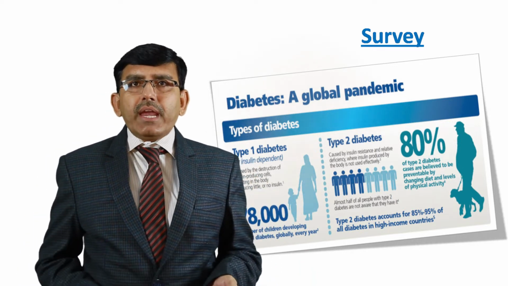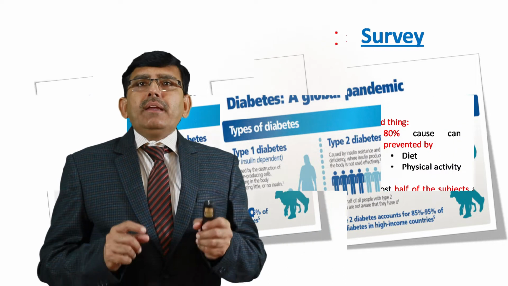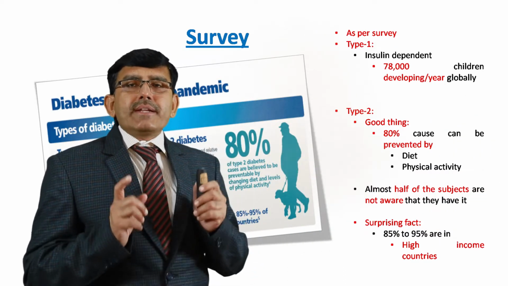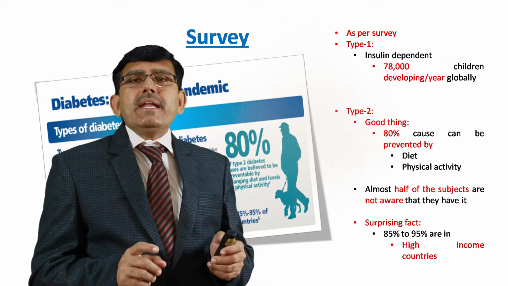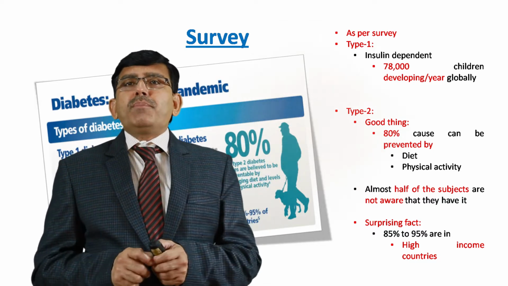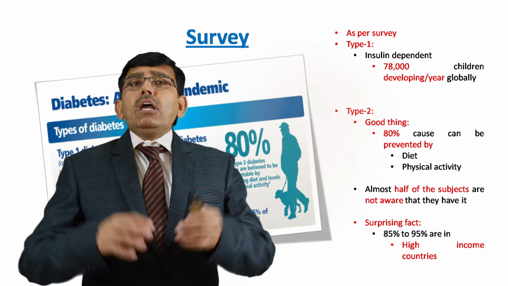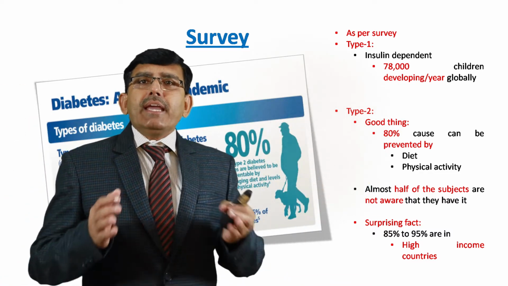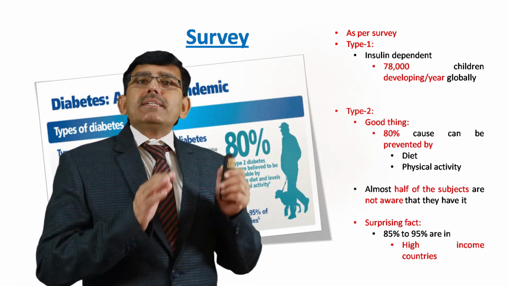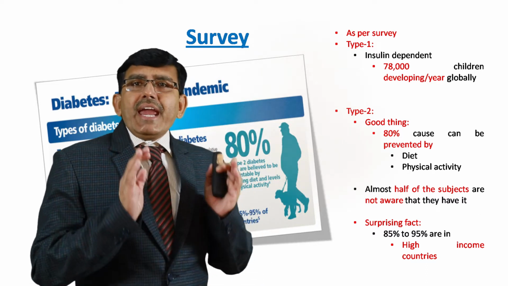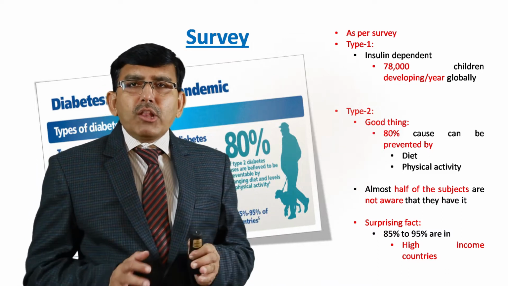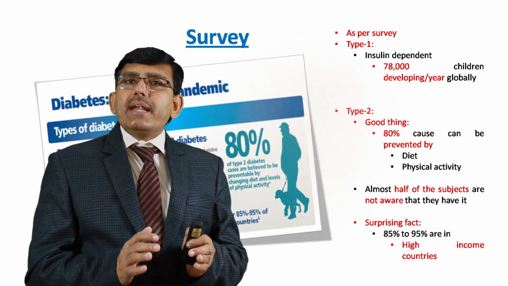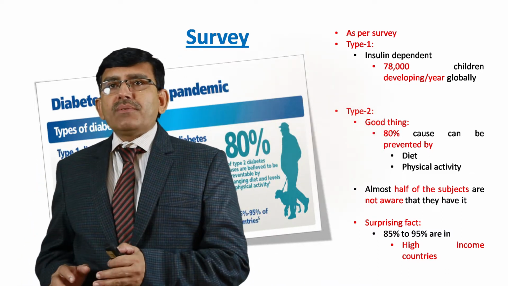As per this survey, in type 1, insulin dependent, we have 78,000 children developing this type of diabetes every year globally. Whereas in type 2, it is a good thing that 80% of cases can be prevented by following a good diet and physical activity.